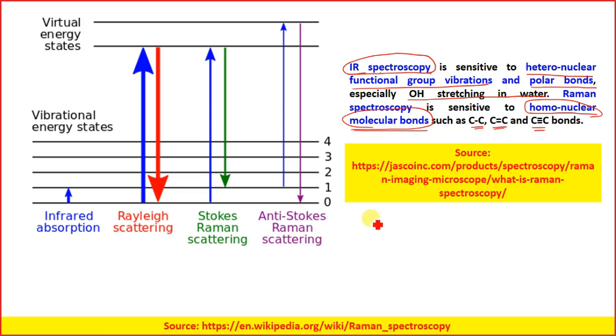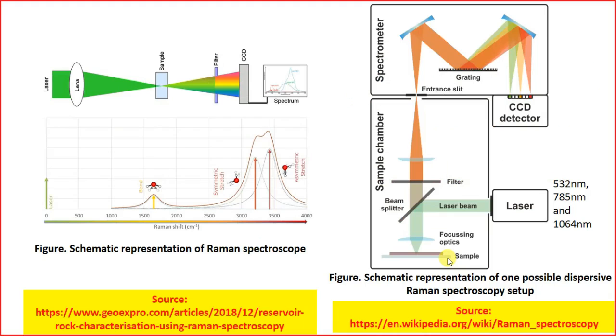However, if you plot the curves, suppose this is the wave number and this is the intensity, then you will get peaks at the same location in both IR and Raman spectroscopy.